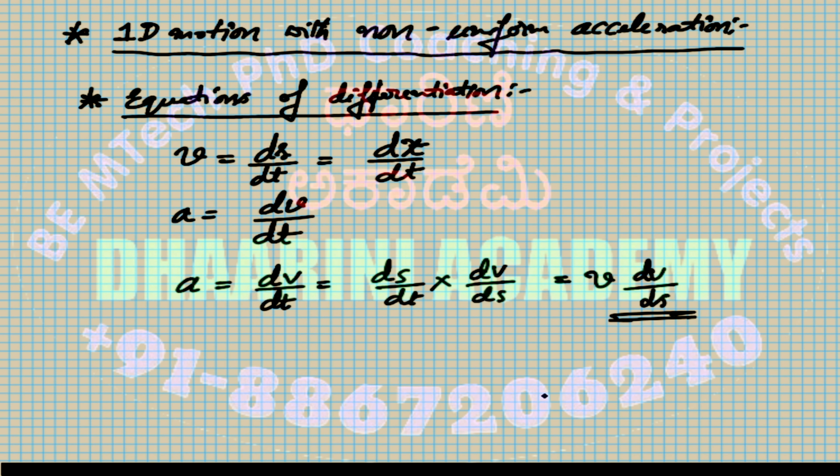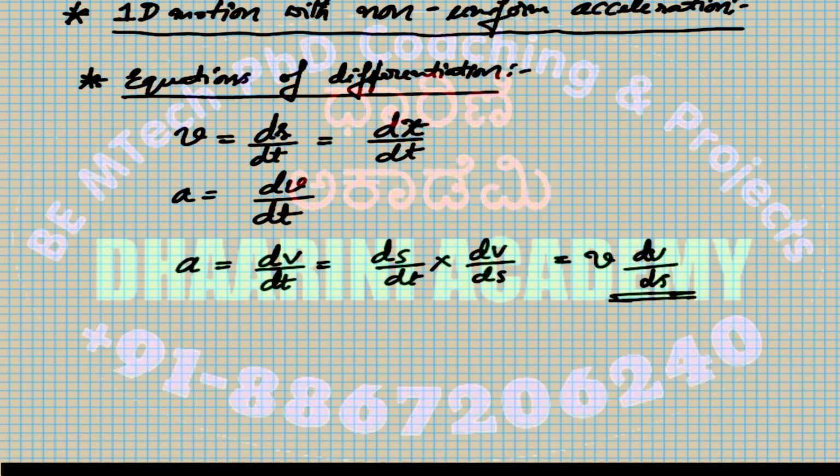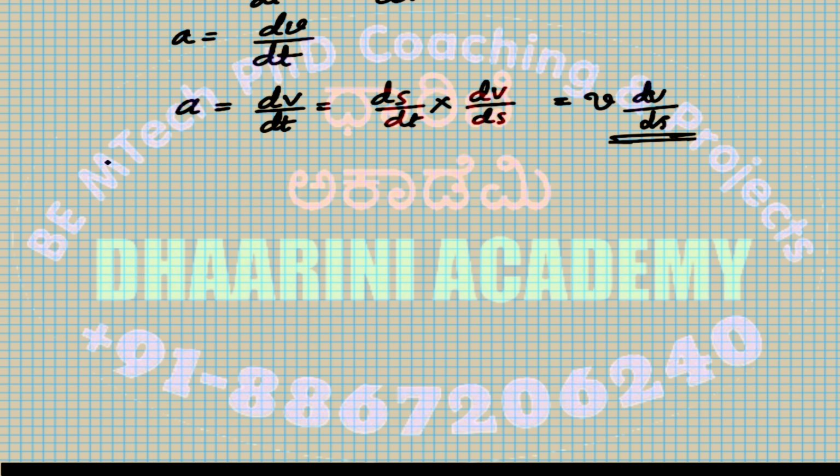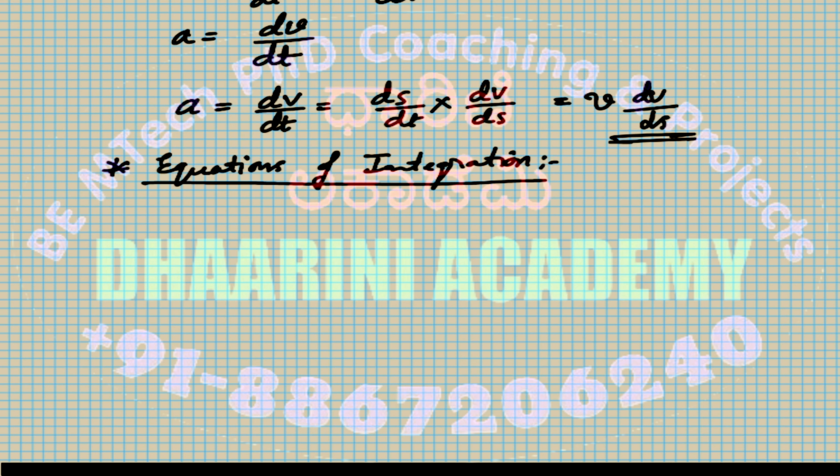All right, then next we will consider the equations which contain integration. Right, here, so we obtain them. V is equal to ds by dt.